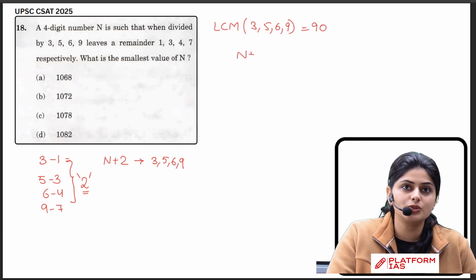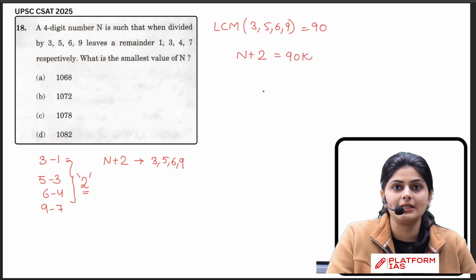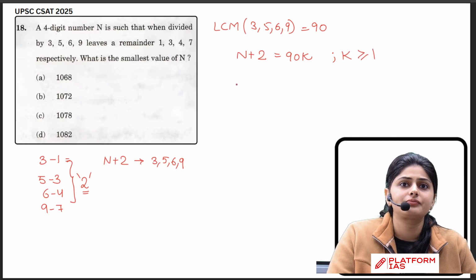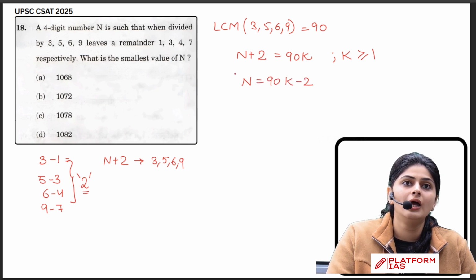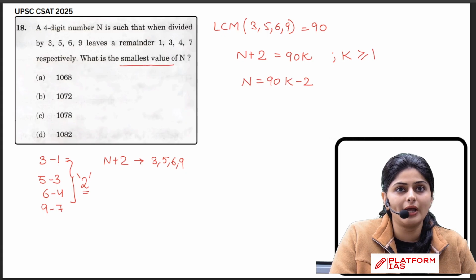This n plus 2, if it is divisible by these numbers, should be a multiple of 90, that is 90k, where k is a positive integer. Then n is equal to 90k minus 2. Now what is the question asking? It is asking the smallest value of n, where n is a 4-digit number.